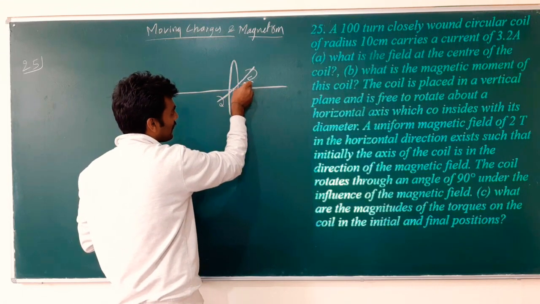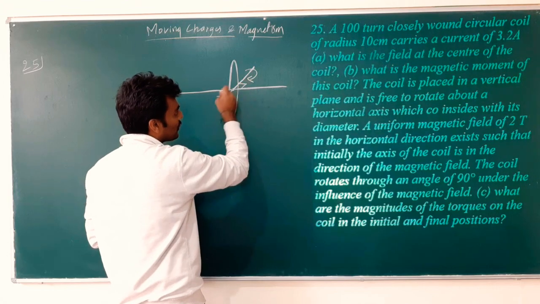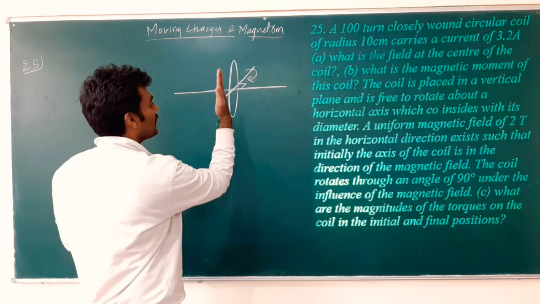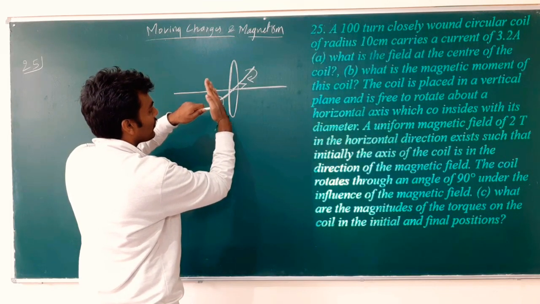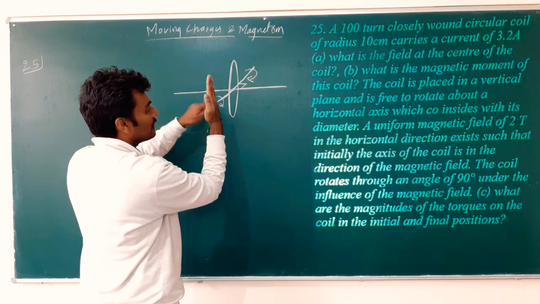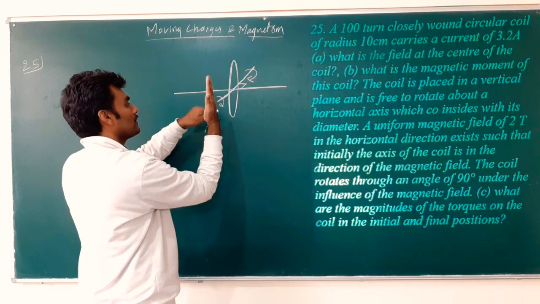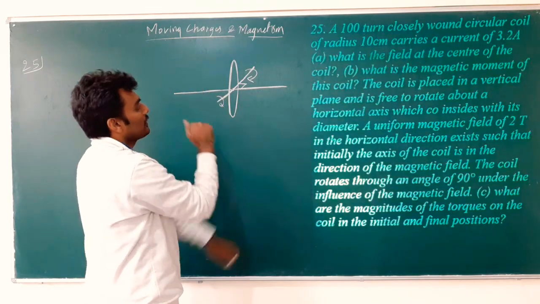So, the angle between the axis of rotation and the axis of the coil is 90 degrees. I hope you are getting the idea. This is how it can rotate. This is the axis of rotation, and this is the axis of the coil.